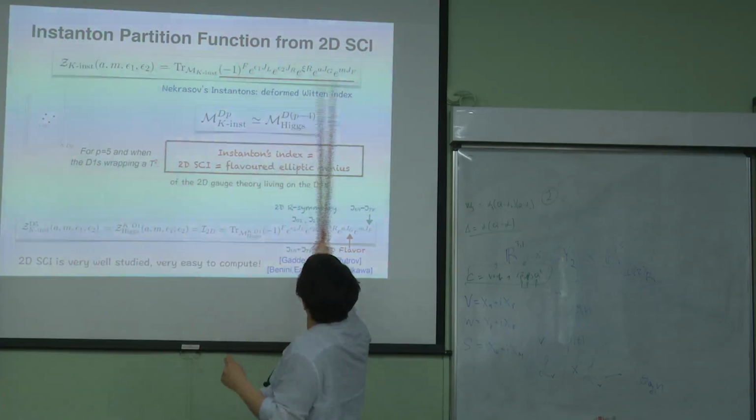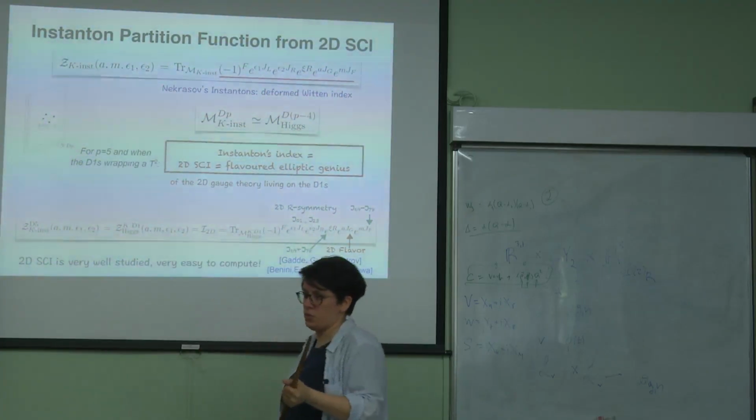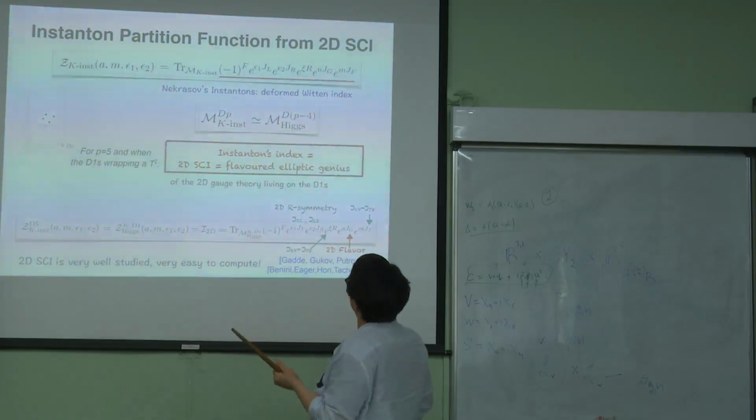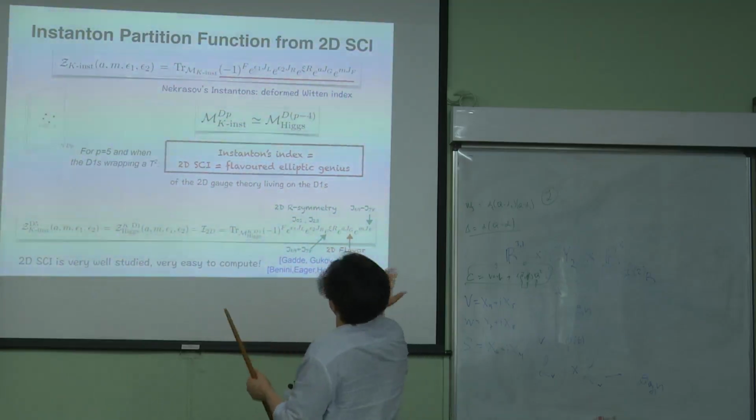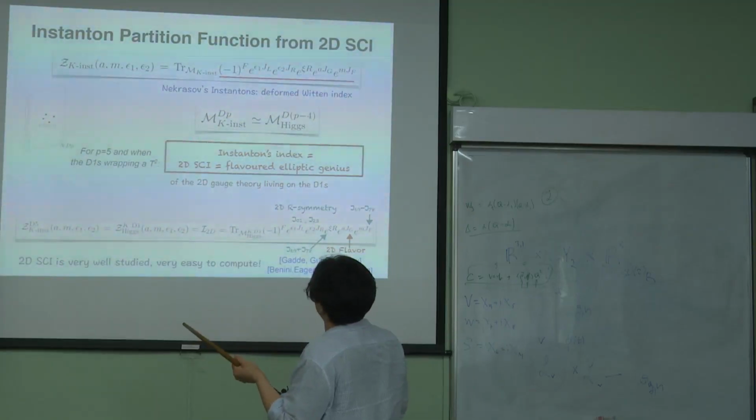So this is what he was doing for xi that is a linear combination of the epsilons.